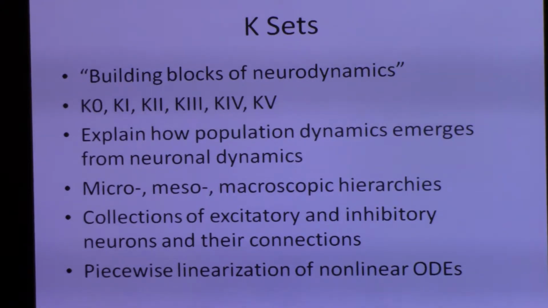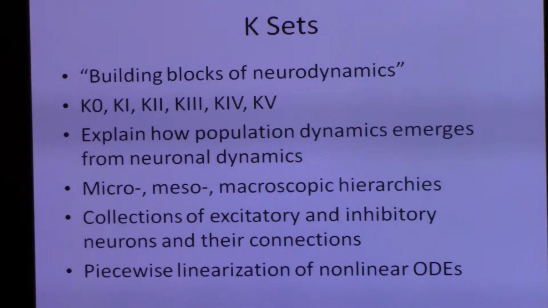So there are 6 K-sets numbered 0 through 5. We'll talk about them each in a moment. And the goal is to explain how the population dynamics emerges from the neuronal dynamics in the brain, the population dynamics in neurodynamics, the population of neurons.